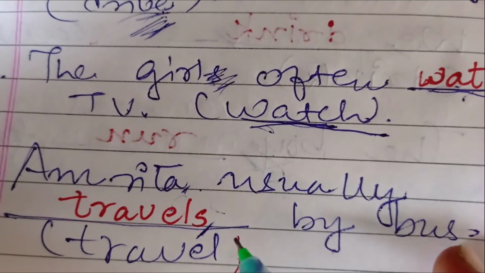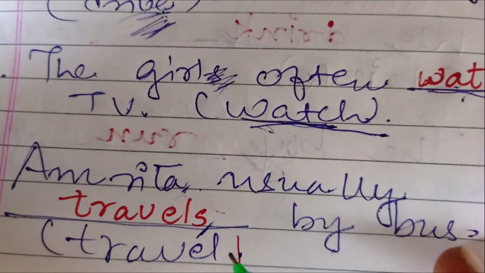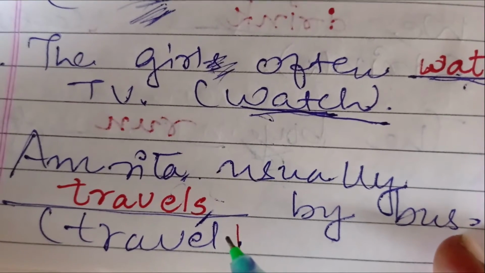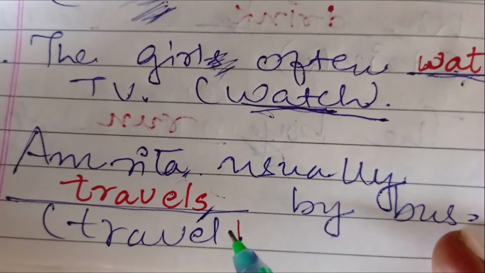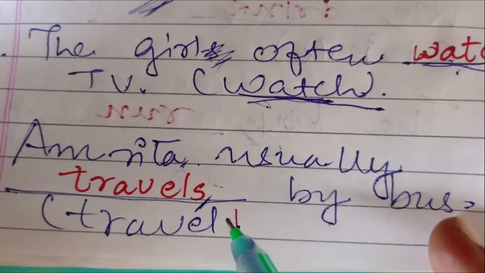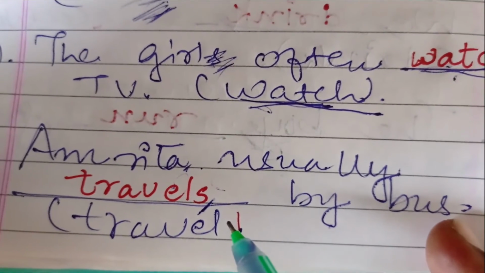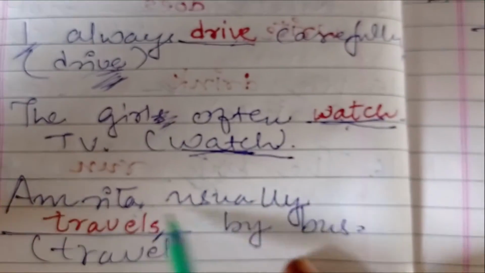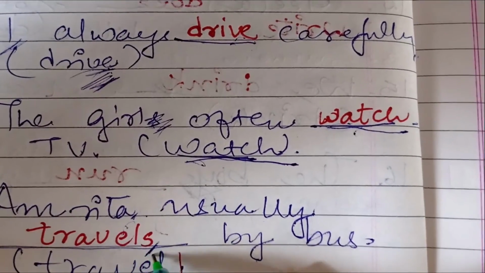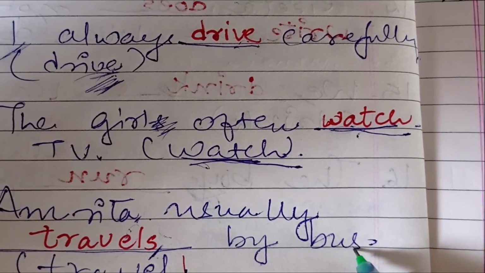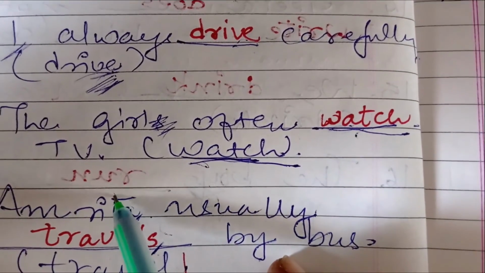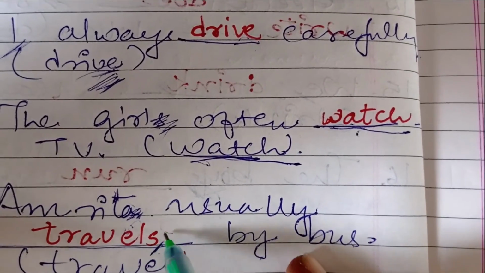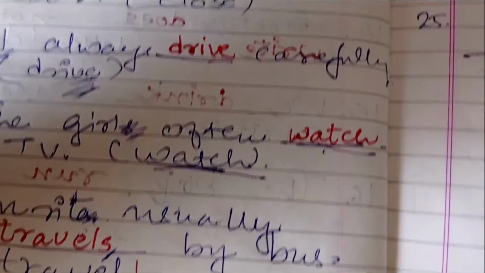Because es we are going to add with the words which end with ss, ch, x, o, like that. So the answer is, Amrita usually travels by bus, because it ends with the a. So it will be travels only.